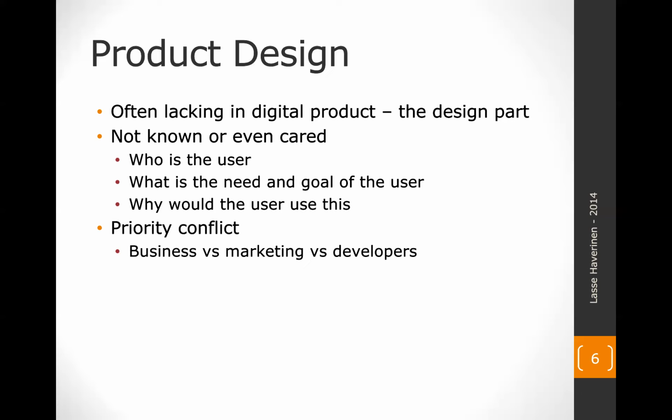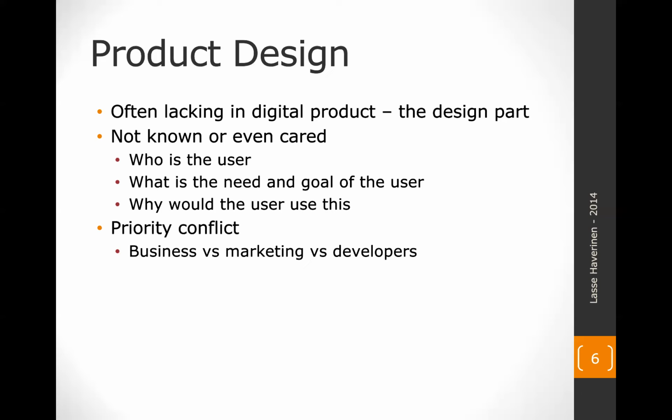Then there are the marketing people. Their goal is to market the product, so their ideas might not align with the world of developers. Very often the marketing people can easily promise something which is in conflict with the business people or the developers, or both.